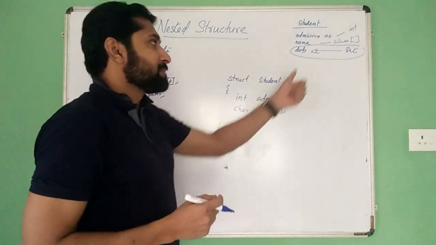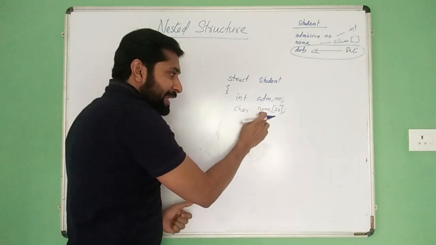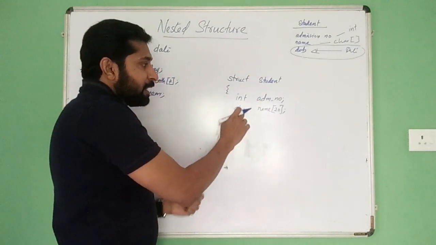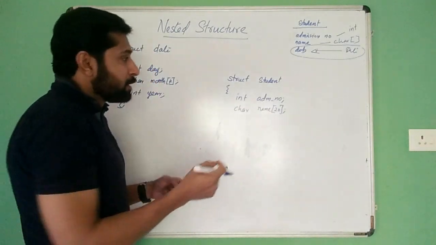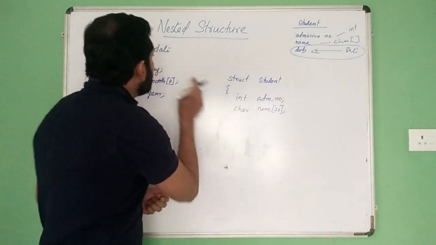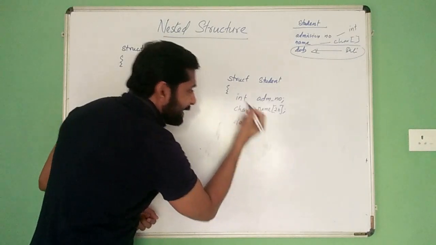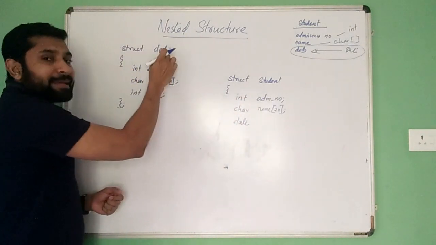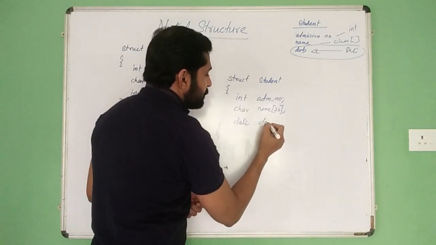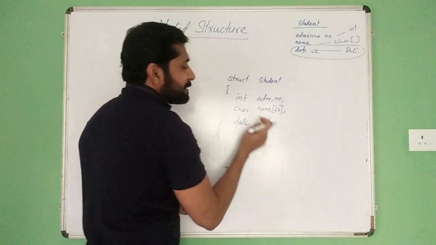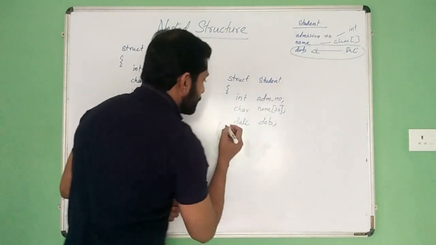Now the third one is date of birth. Admission number is of type integer, name is of type character array. Here we have created a new data type called date, so the data type is date, which is already created, and it is represented by the variable name DOB, date of birth.